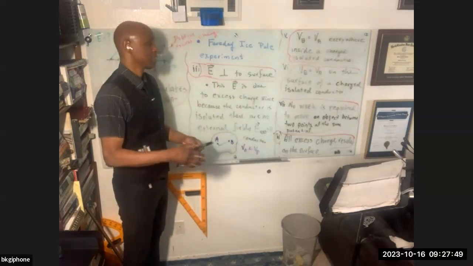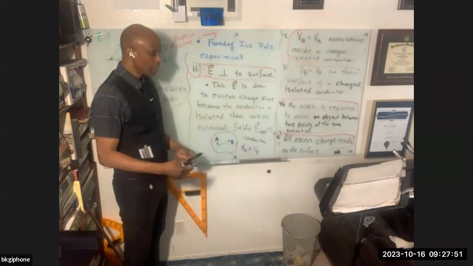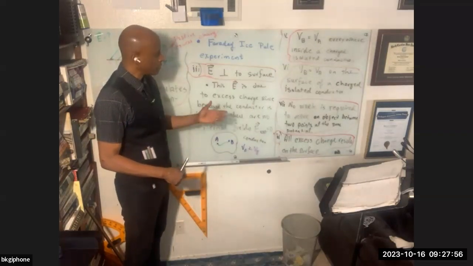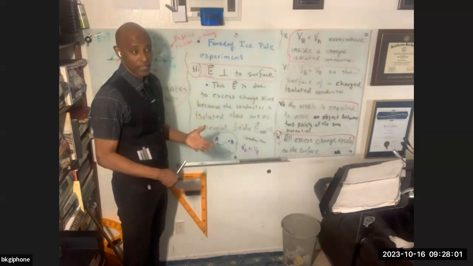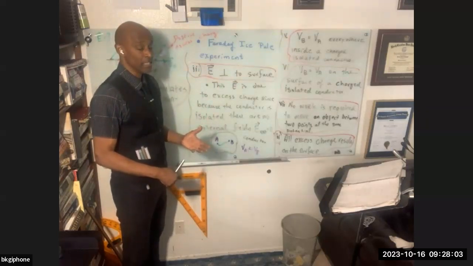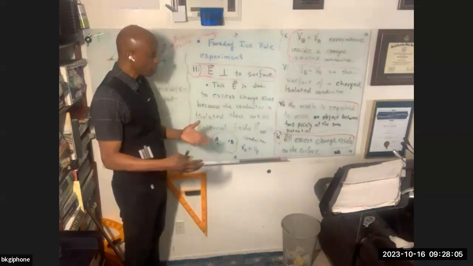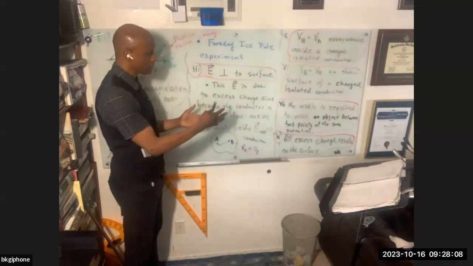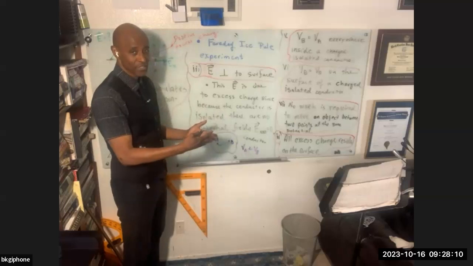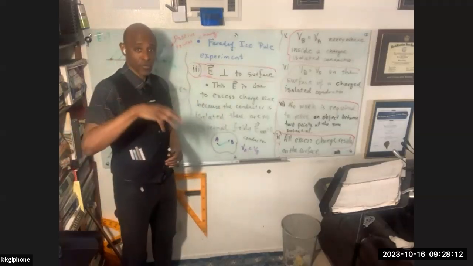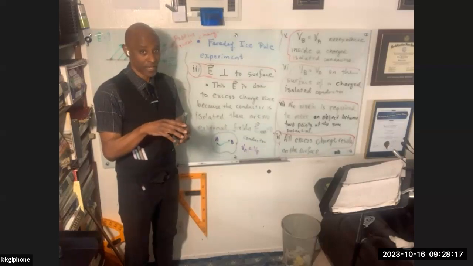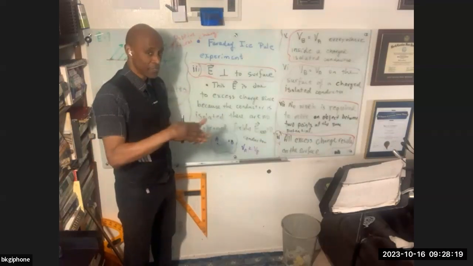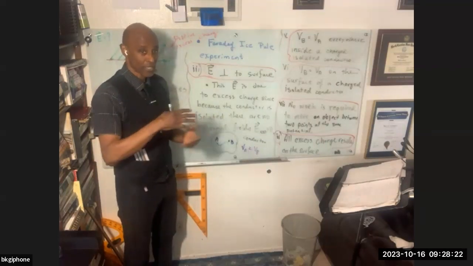Because there's no free charge on an insulator, essentially you could say that the negatives of these properties are associated with an insulator, because charge will stay where you place it. So you can't have accumulation of charge. It's not going to be distributed evenly. You can't have fields inside and outside. You can't have excess charge.